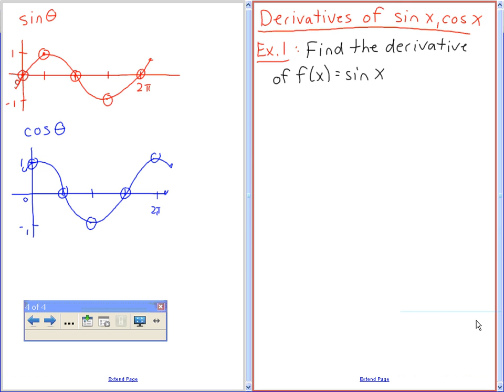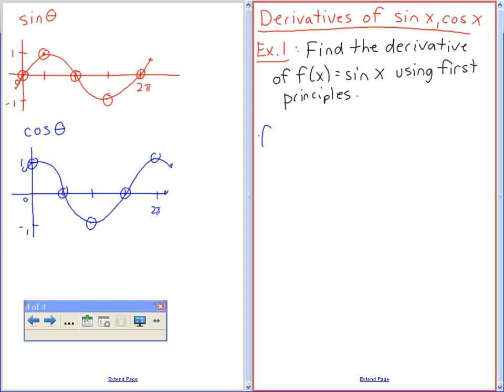Finish this question, okay? It says find the derivative of f of x equals sine x. All right. What if you don't know how to take the derivative of something? What do we do? Sorry? Okay, Leanna, picking on you.